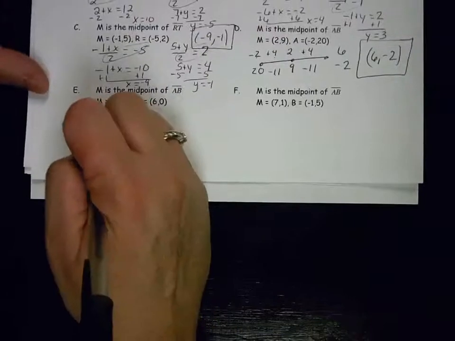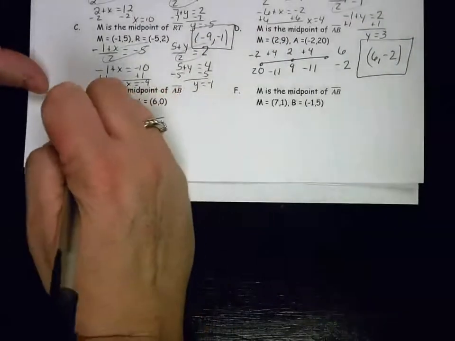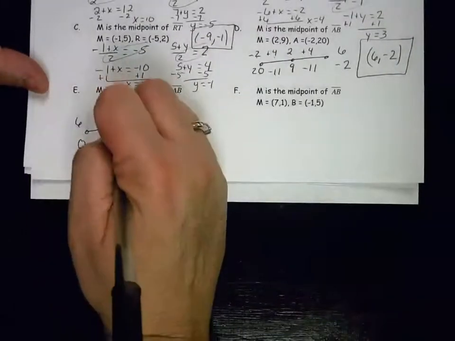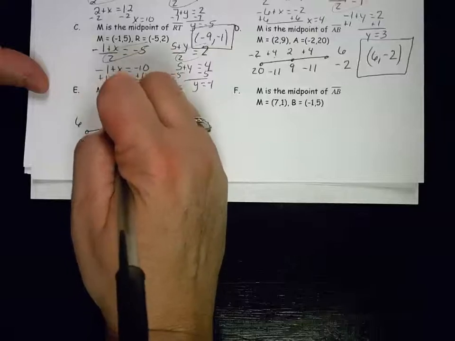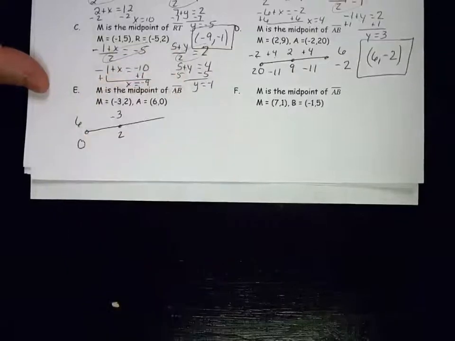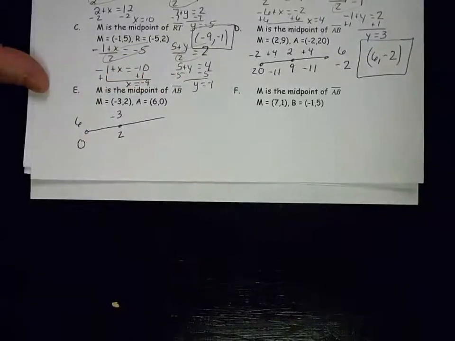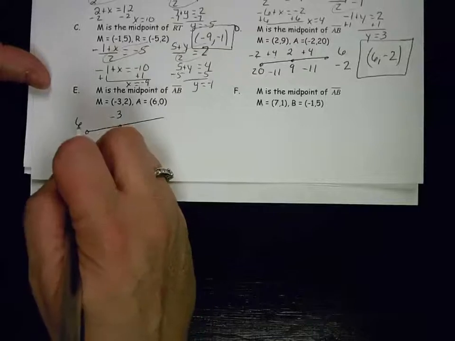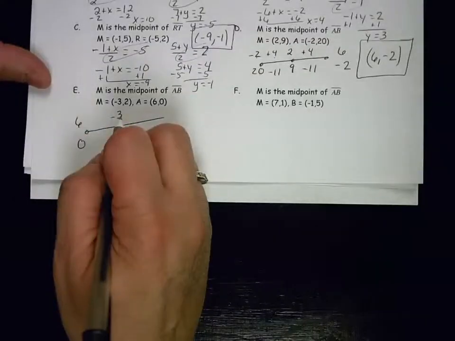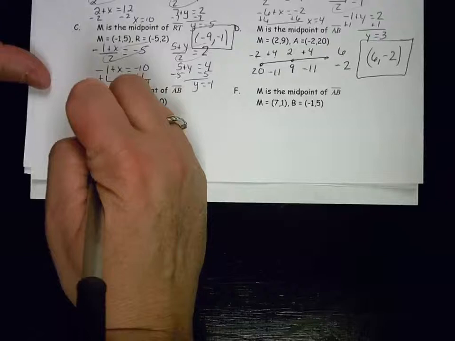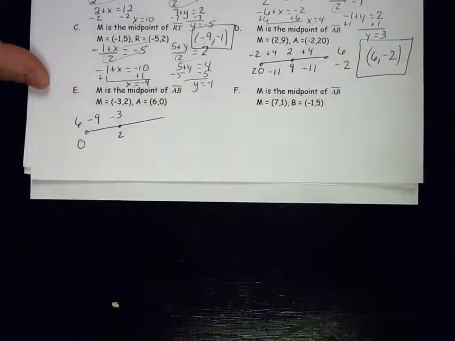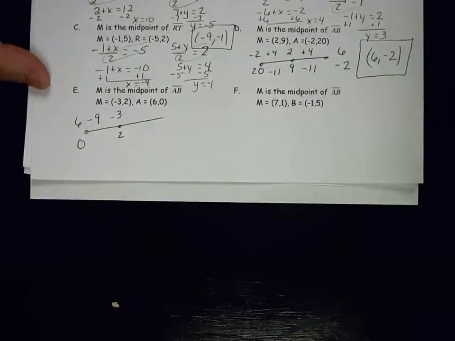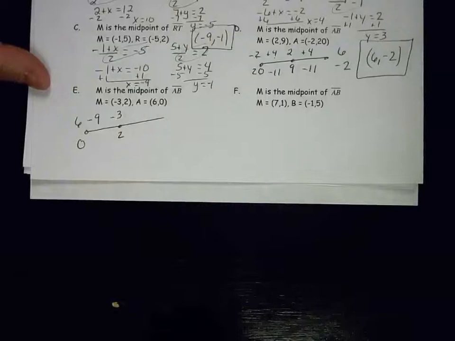Letter E, M is the midpoint of AB. So A right here is (6, 0). M is here at (-3, 2). So if you started at 6 and ended up at -3, you went down 9. And you have to do the same thing on the other side.